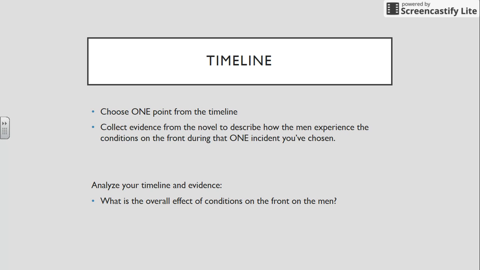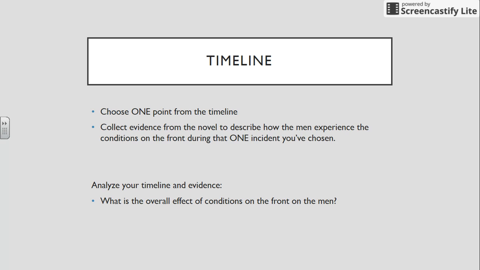But I want you to go through and select some evidence from the novel to describe how the men experienced the conditions on the front during that one particular incident that you highlighted on your timeline. So you're looking for maybe 2 to 3 pieces of evidence from the novel that discusses this.